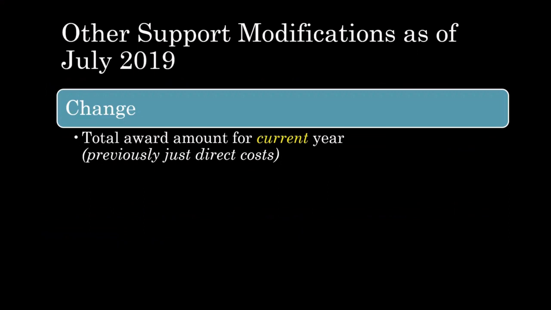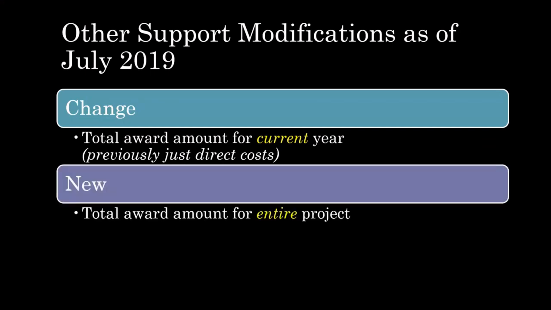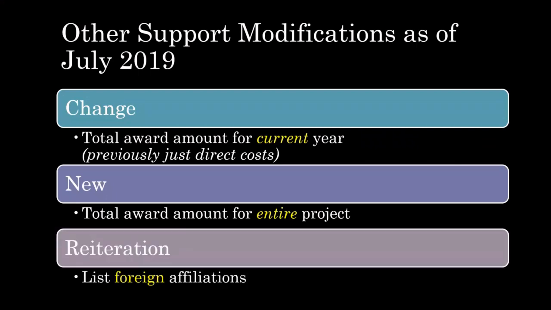So what are the other support modifications as of July 2019? One of the changes is NIH now requests the total award amount for the current year. Previously, we always just included the direct cost for the current budget year. Now we need to include both the total award amount, direct and indirect, for the entire project, and the total award amount for the entire budget year.